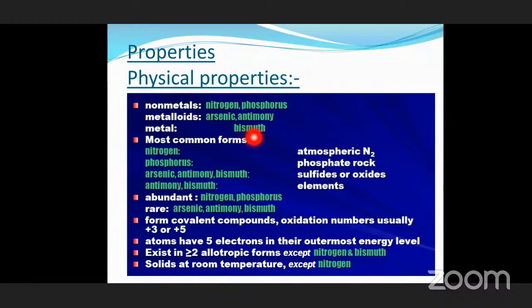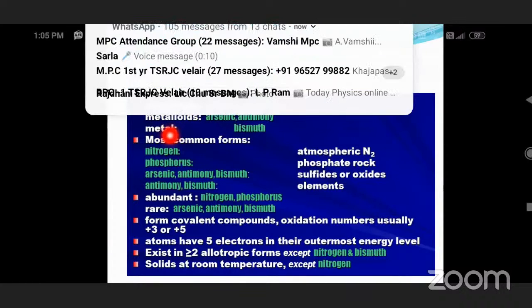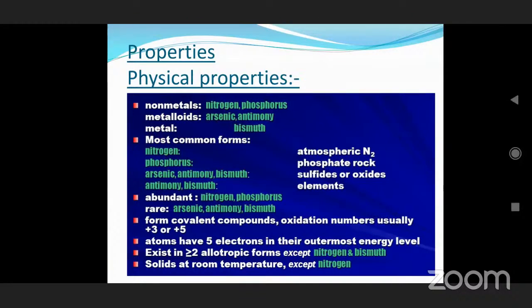Then here only bismuth will show the metal property. Only bismuth will show the metal property, because from top to bottom in groups, metallic properties always increase. That means bismuth is the last element of the fifth group elements.